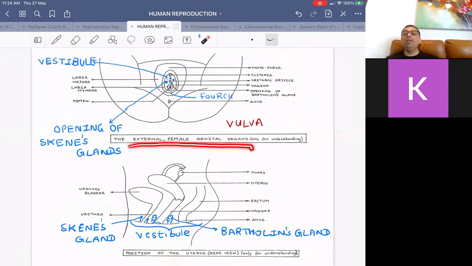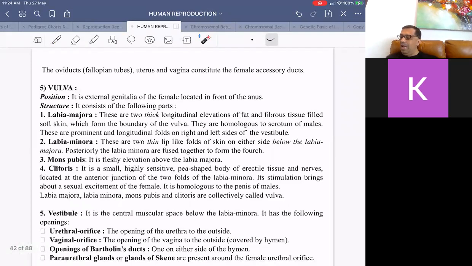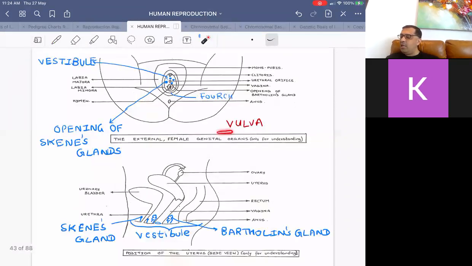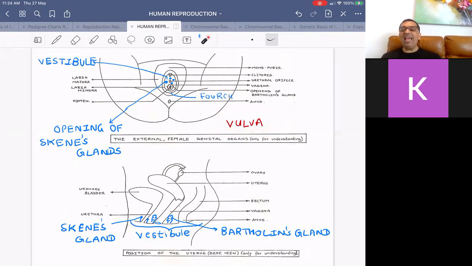Whatever is visible from outside is called the external genitalia of the female, and that is called the vulva. Then we have associated glands.